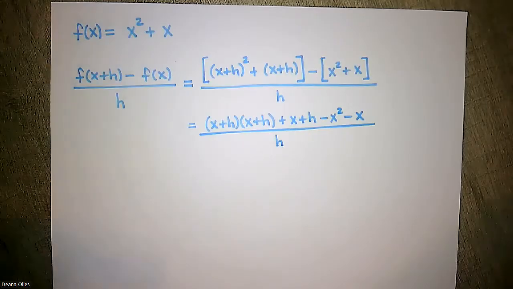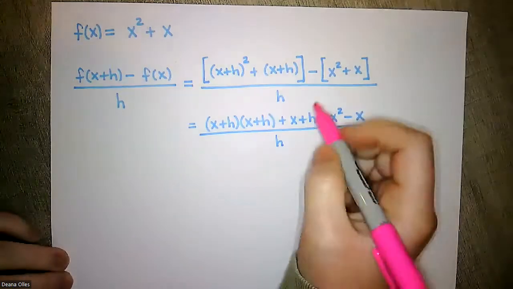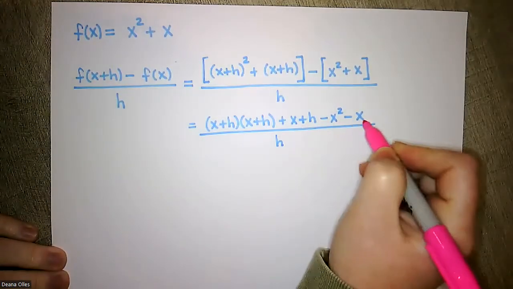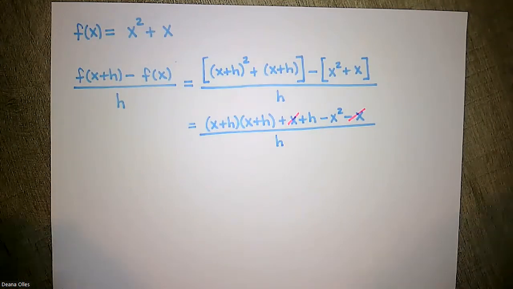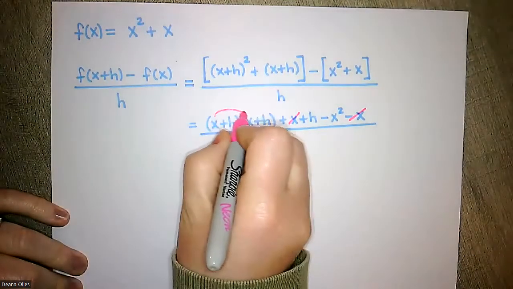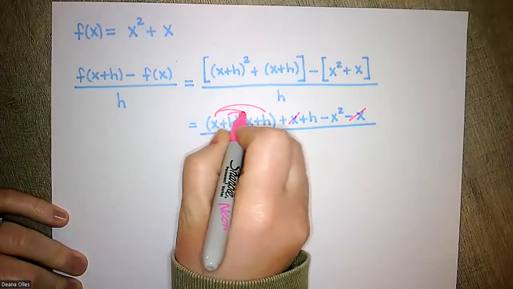Okay. Now, I'd like to go in and cancel things as I can. So I have x and negative x, so those two terms will cancel. And in the first term, I have to distribute.